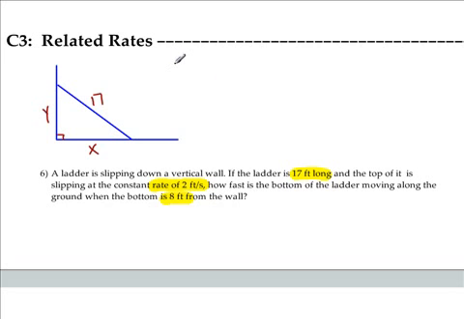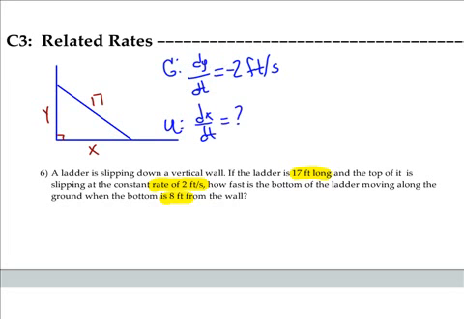We're given that the rate that the ladder is coming down the wall is 2 feet per second. So that's dy dt. That's how fast my y variable is changing. It is negative because it's decreasing, good. And the unknown is dx dt when x is 8.